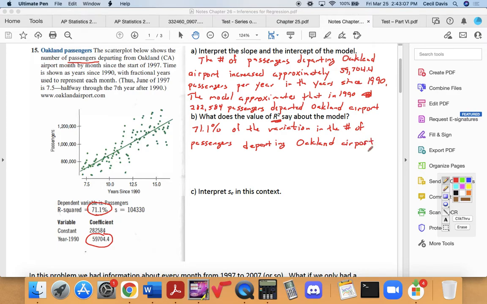That'd be points off. It is accounted for by the model, by the equation, by the number of years since 1990 in this model.